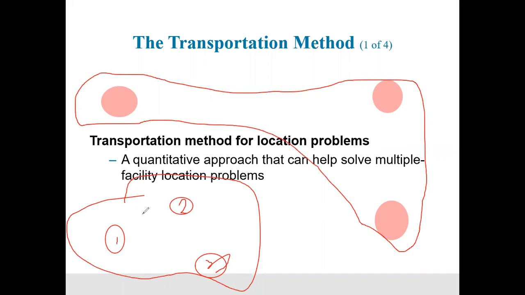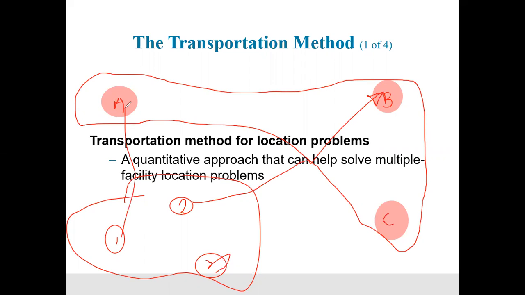If we have product in 3 locations here, and we have customers in 3 different locations as well, A, B, and C. Okay, so the question we are seeking to answer here is, for example, which of these 3 warehouses should we ship product to B from, and which of these 3 warehouses should we ship product to A from, and so on and so forth.